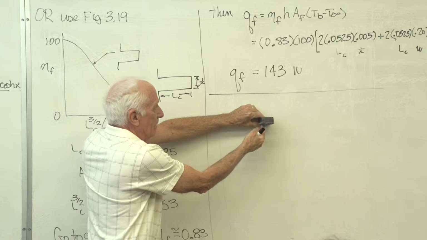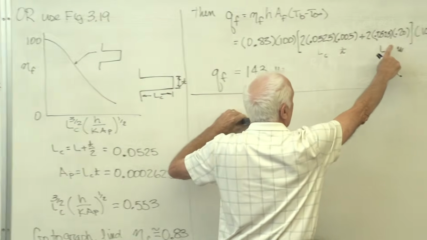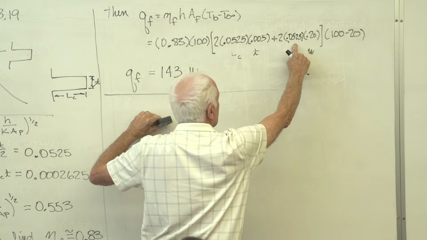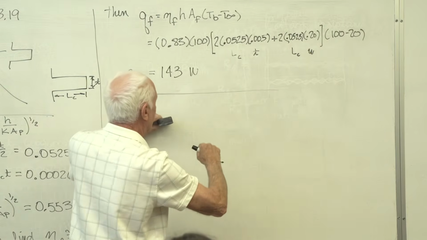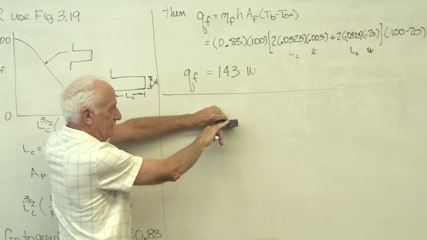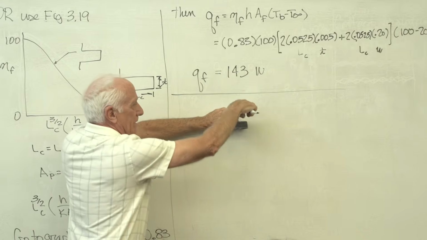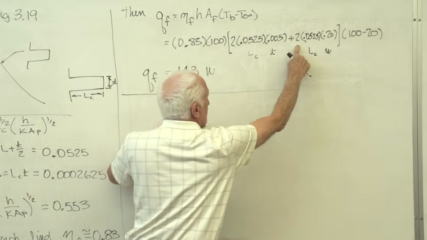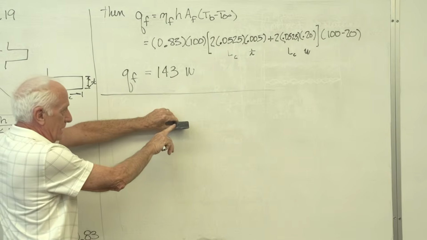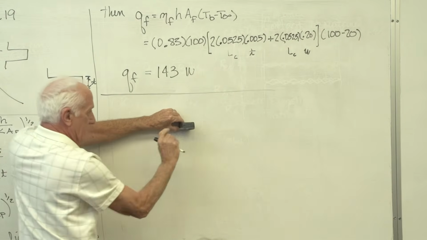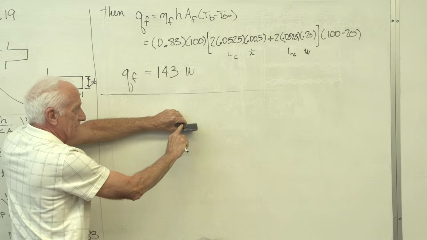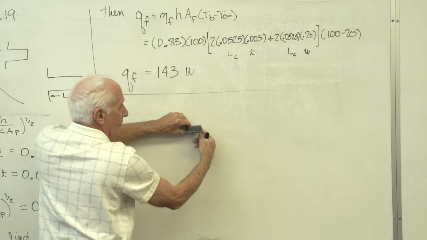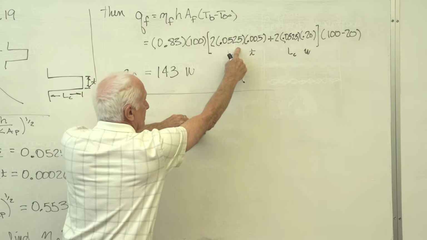The top and bottom, times L sub C, times the width. Here's the top, here's the bottom, there's 2 of them. Here's the left-hand side, L sub C times T, left-hand side, right-hand side, 2, left side, right side.